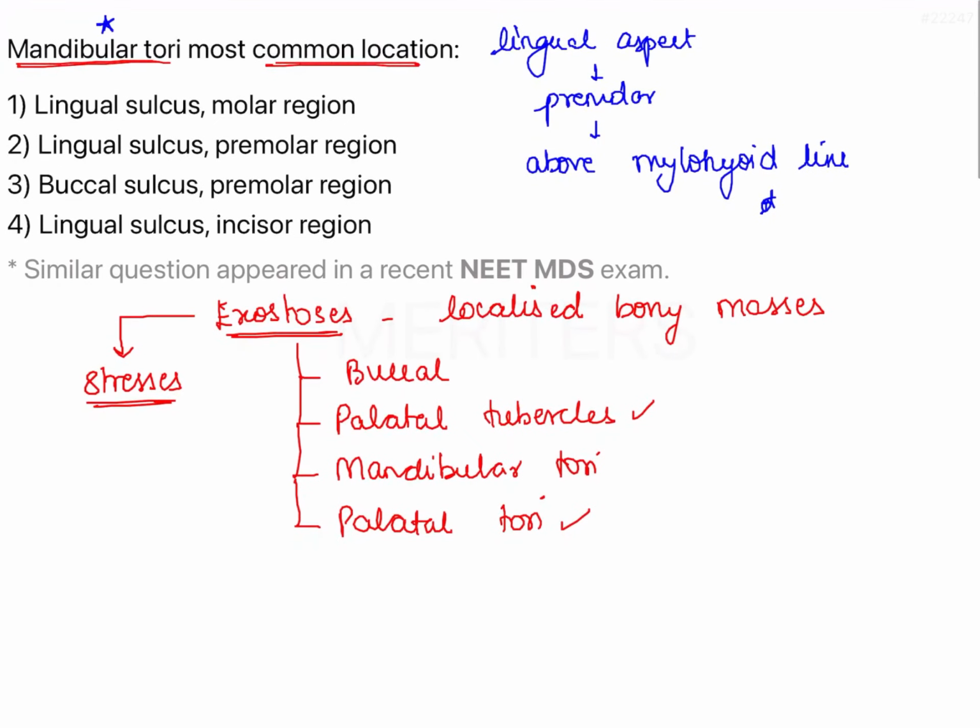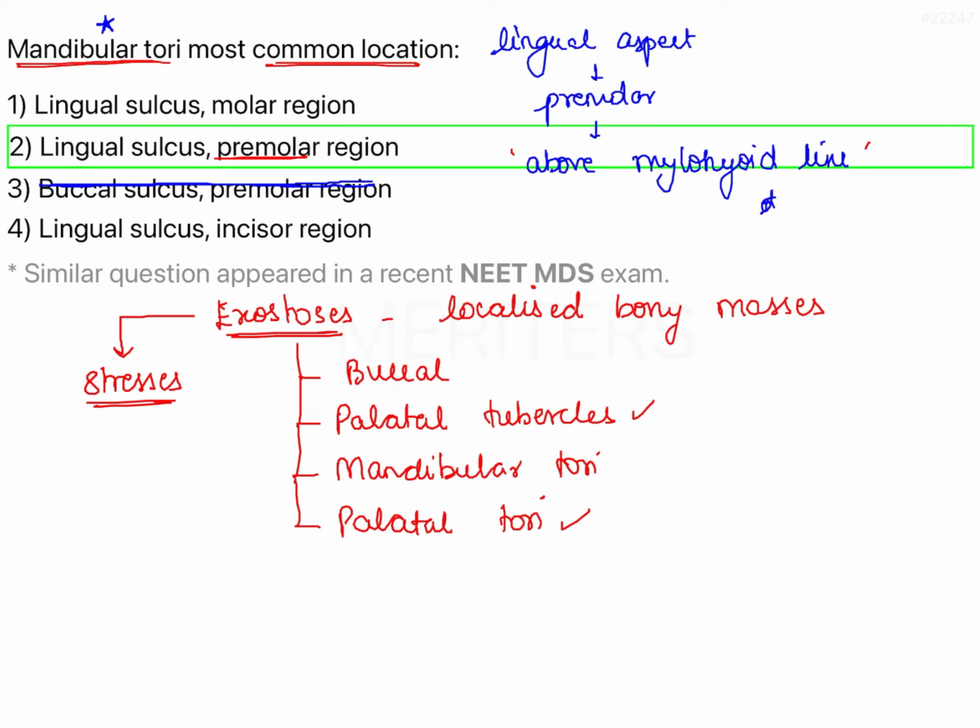Therefore, from the given 4 options, we can eliminate option 3, which says buccal sulcus. Out of the other 3 options, it is option 2, that the mandibular torus is situated on the lingual sulcus in the premolar region above the mylohyoid line or ridge. Therefore, the right answer regarding the most common location is option 2, which says lingual sulcus premolar region.